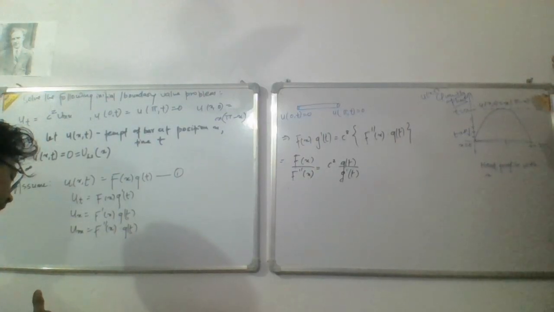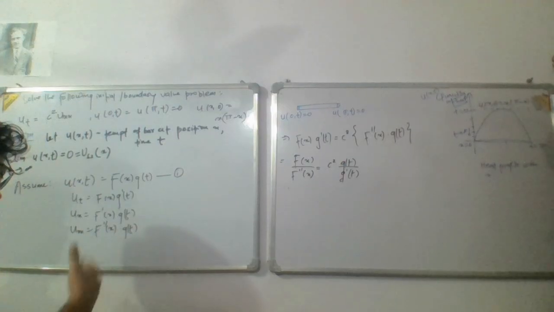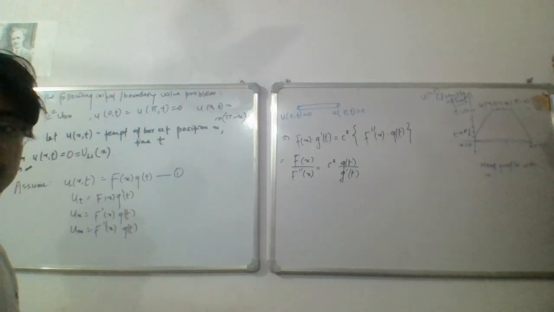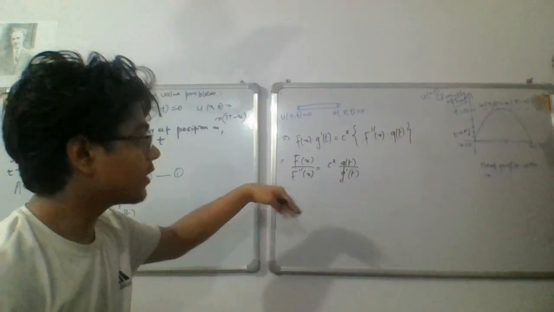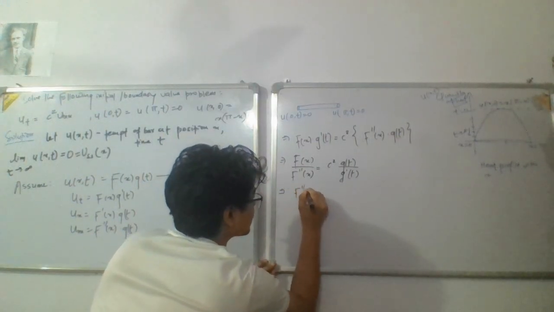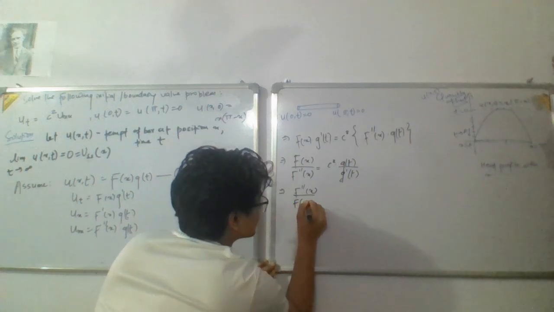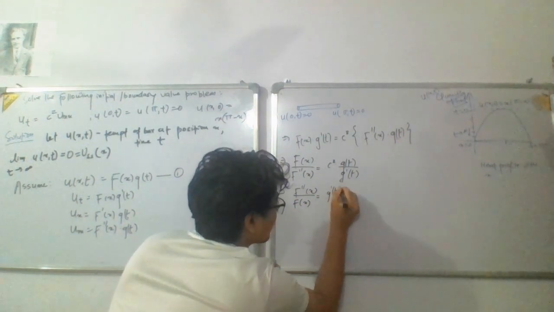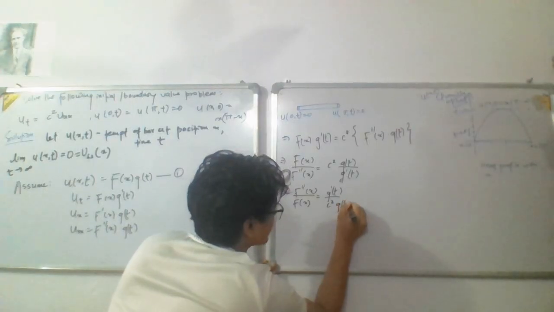Now, what can we do? So we have got this, right? Now let's modify it a little bit. So we get f''(x) by f(x) equals, it goes there, it goes there, and we get g'(t) by c squared g(t).